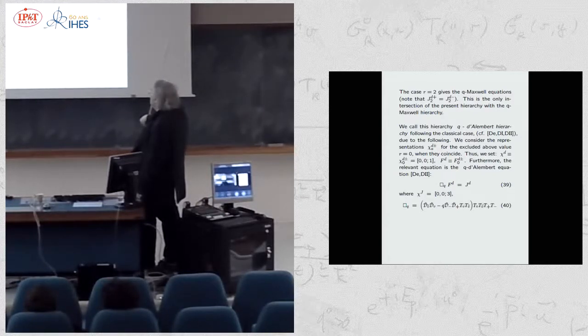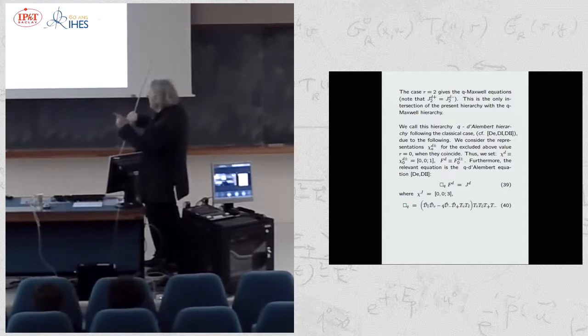And then why do we call it q-d'Alembert? We call it q-d'Alembert because on this representation there is this q-d'Alembert equation, and you can, of course, certainly hear the d'Alembertian here. Of course, when q goes to 1, this goes to dv bar dv minus d plus d minus.